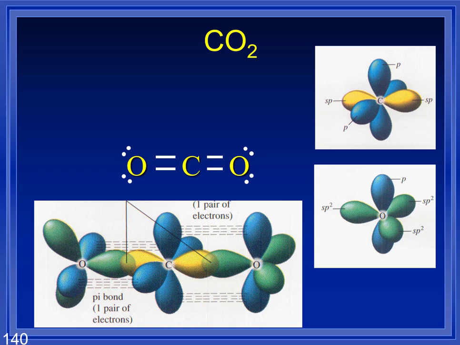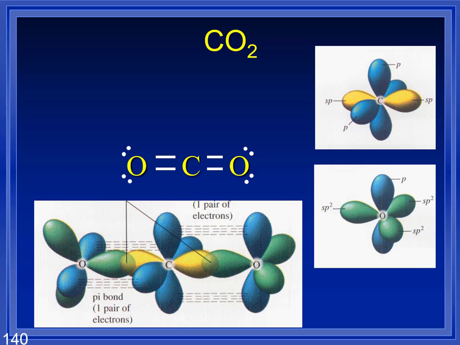So the carbon has to be sp hybridized. On one side the carbon is bonded to an oxygen, on the other side the same. Now look at the oxygen, it's made one pi bond. And the oxygen has 3 pairs of electrons it has to deal with.